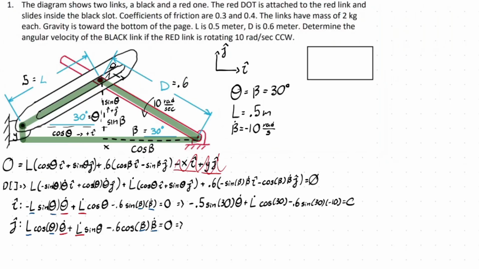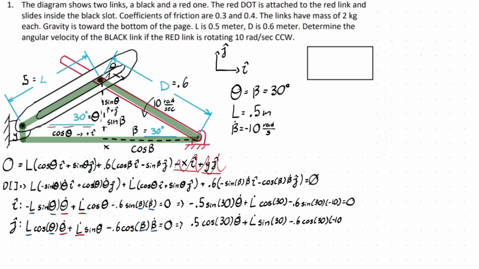And I have this other equation: 0.5 times the cosine of 30 times theta dot, plus L dot times the sine of 30. And then a minus again, 0.6 times the cosine of 30, and then times negative 10.